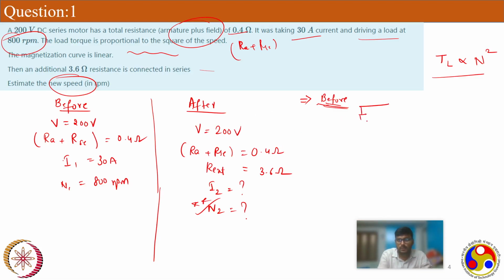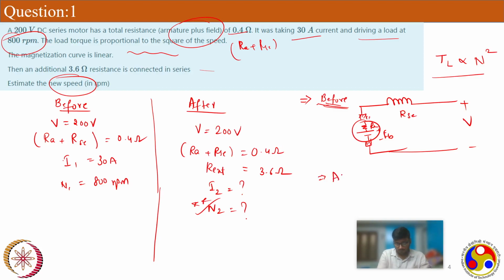My armature will be here. This is my series winding, that is my field winding. This is V, and RSE and RA, armature, back EMF EB. Okay, these are my brushes.